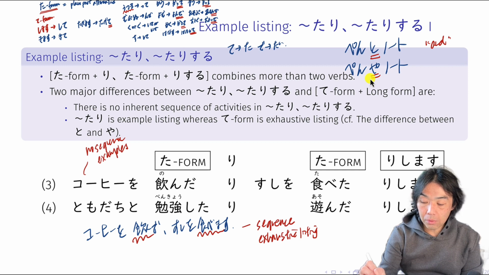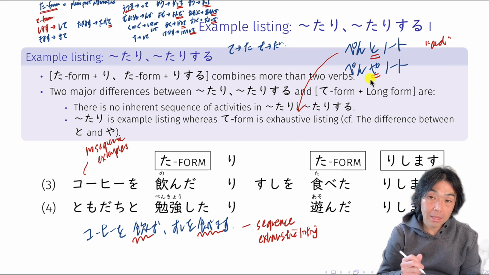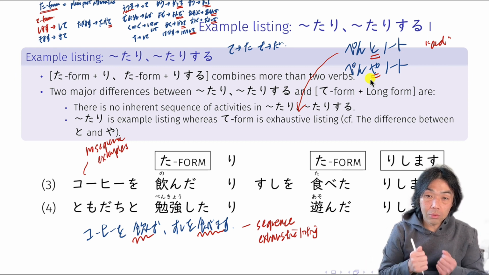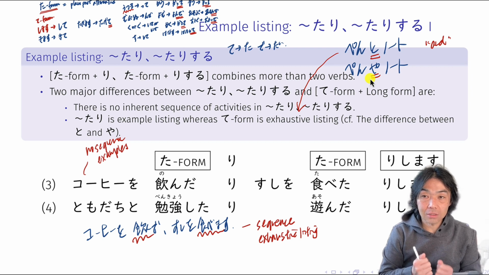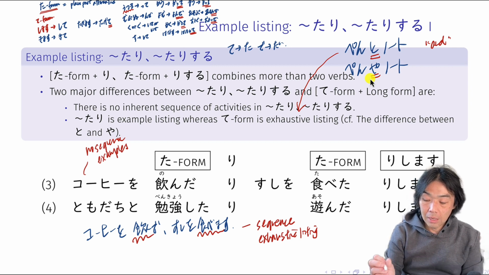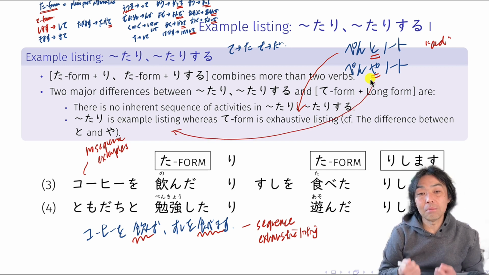So pen to noto is almost the same as a te form. So this is exhaustive listing. Pen to noto are two things you have, right? You probably don't have anything else. So these are the two things because you're listing items exhaustively. Okay. On the other hand, pen ya noto, this is a typical example listing.